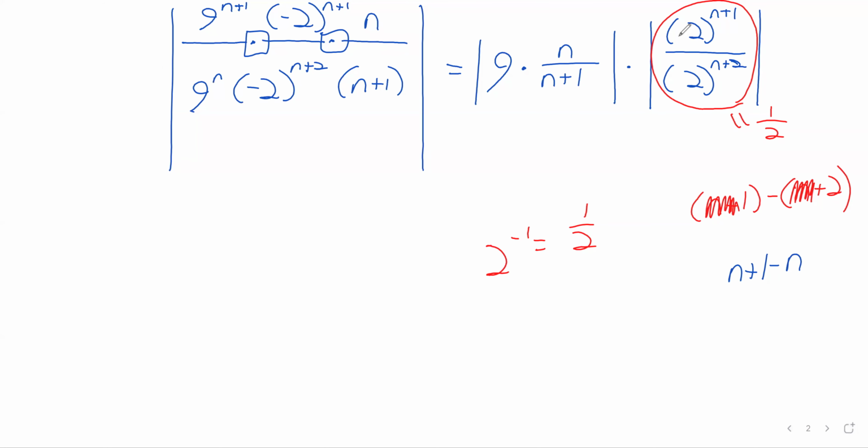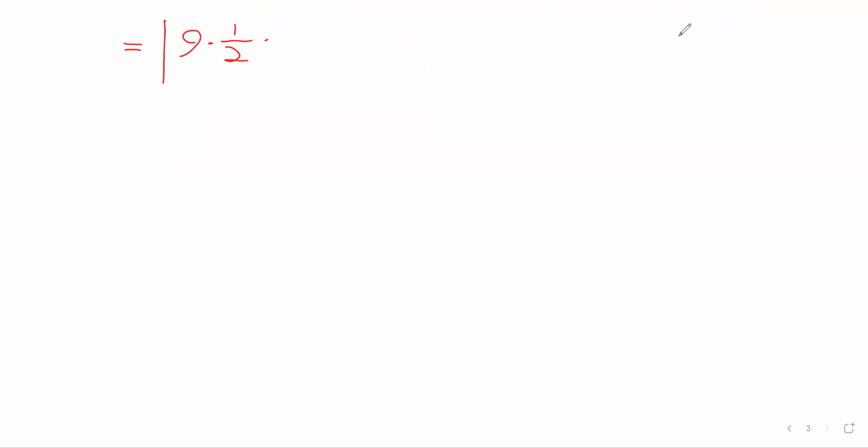So we've got our 9. Again, when we're multiplying, we can bring stuff in and out of absolute values. There's a sub n plus 1 over a sub n, or I guess I should say there's the absolute value of that.